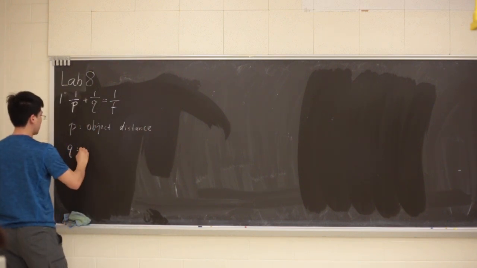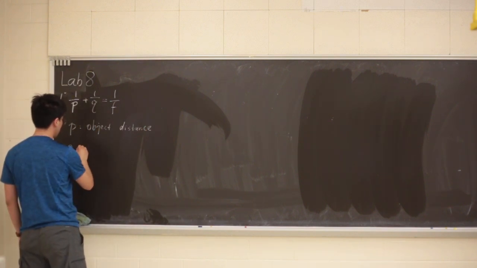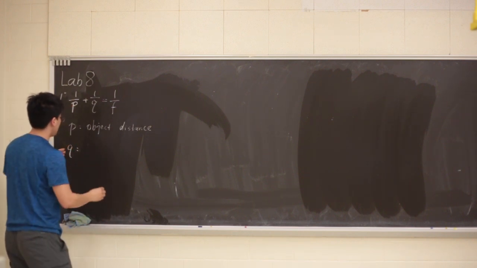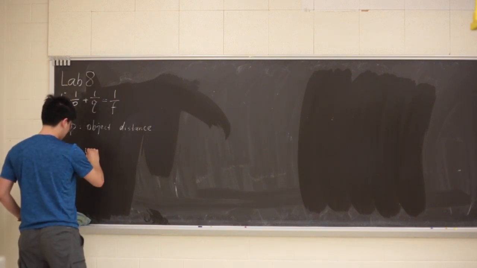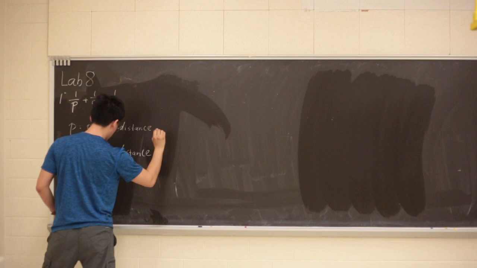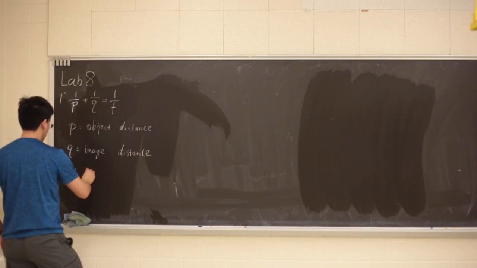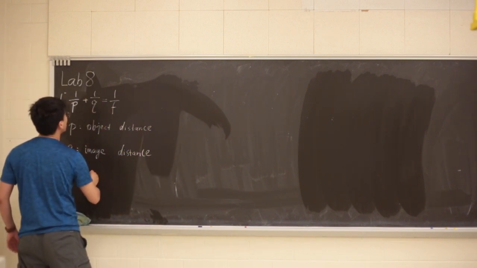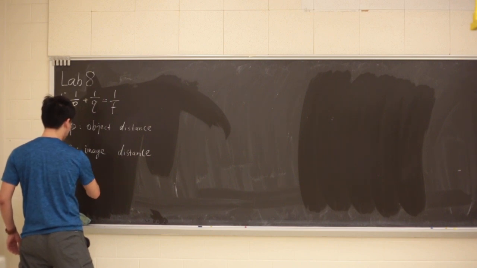And Q is image distance. Great, thanks. Image distance. And F, to pay respect, is focal length.